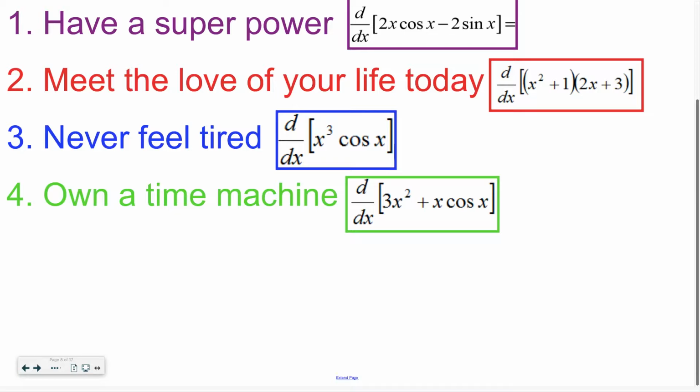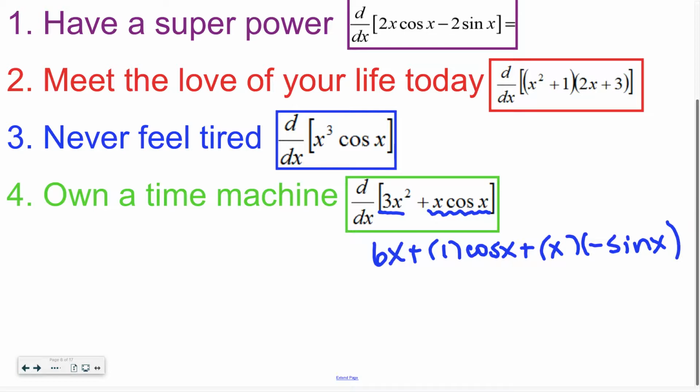No. We have 3x squared, which the derivative would be 6x, plus x cosine of x is the product rule. So we take the derivative of x times cosine plus x times the derivative of cosine.